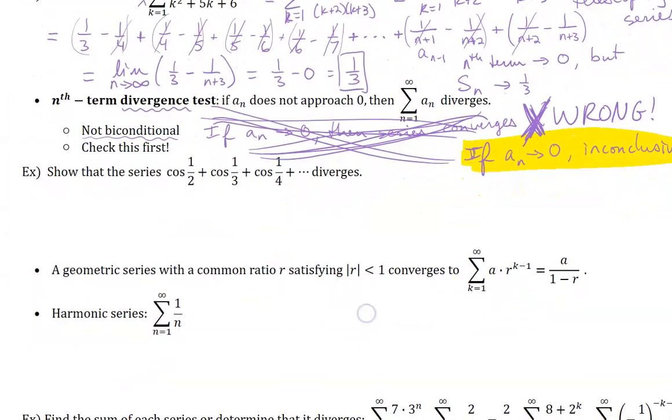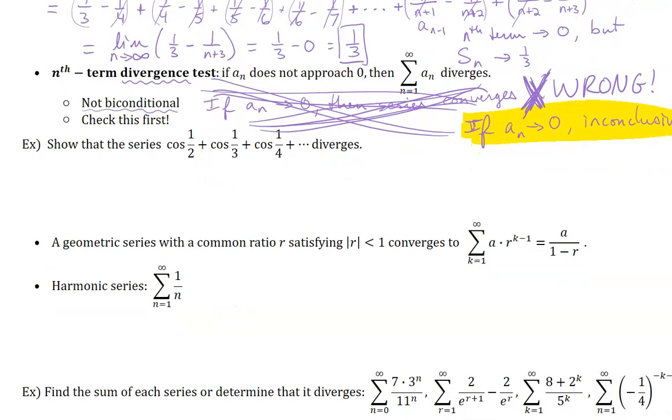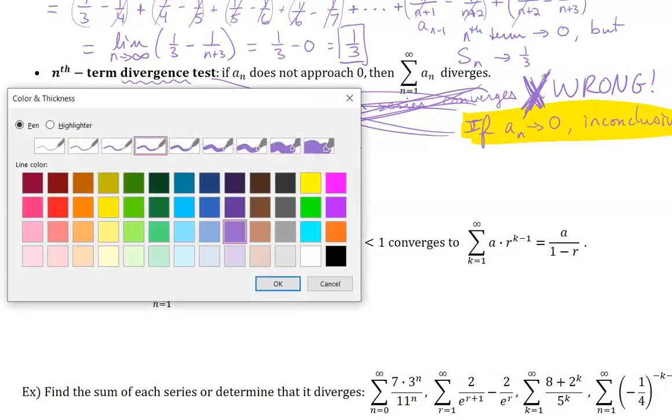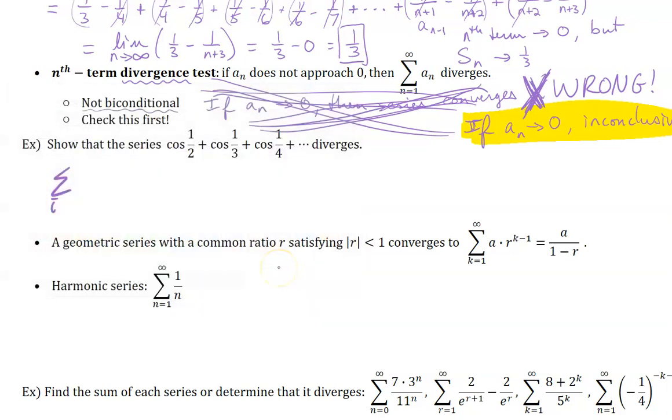Let's go ahead and do this one. So show that the series cosine of 1/2 plus cosine 1/3, cosine 1/4, etc. diverges, okay? Well, as a series, we could write that as the sum from i equals 1 to n, and then limit as n approaches infinity of cosine of 1 over i.